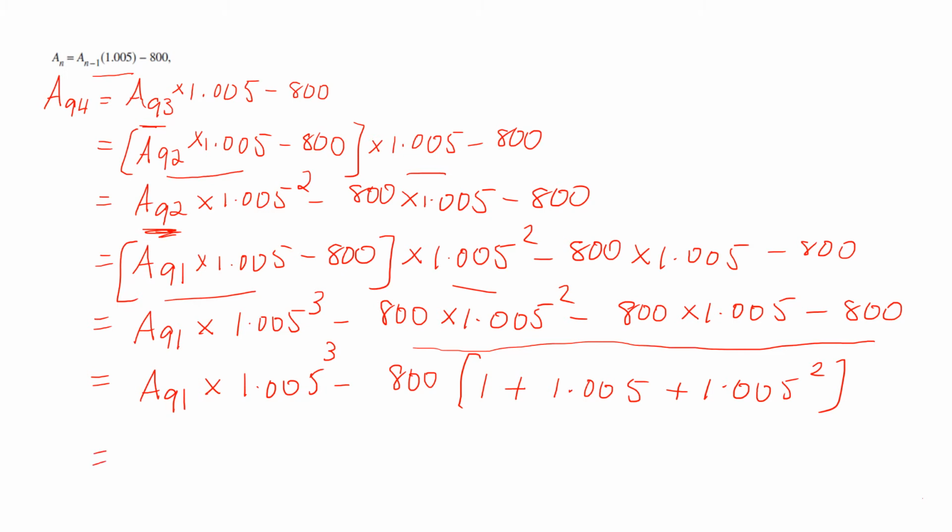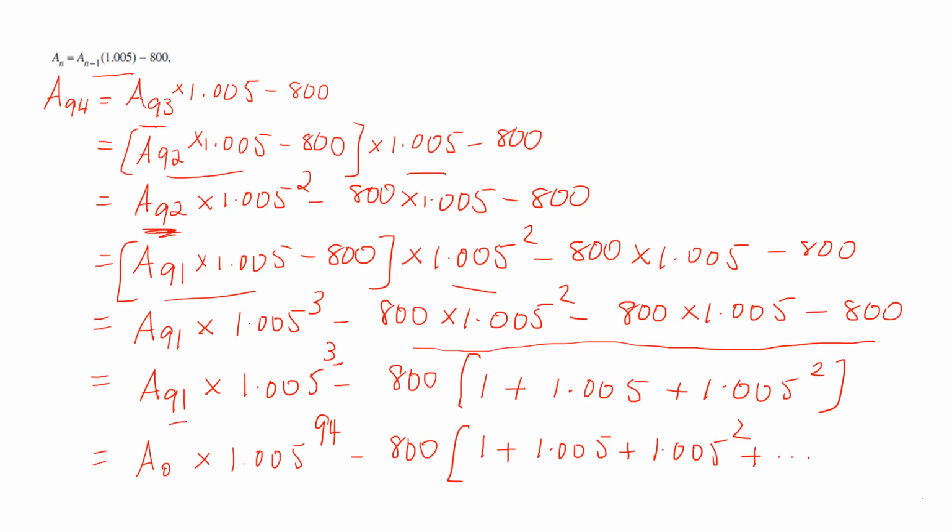So I don't want A91, I want A0. So you can see this 91 and the 3 adds up to 94. So this must be 1.005 to the power of 94. Take away 800. 1 plus 1.005 plus 1.005 squared plus dot dot dot.